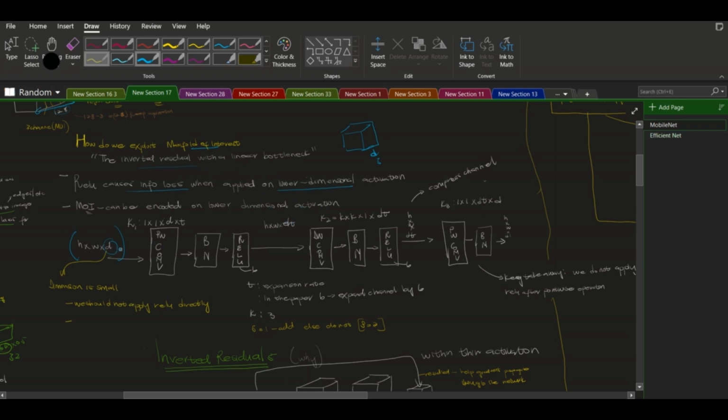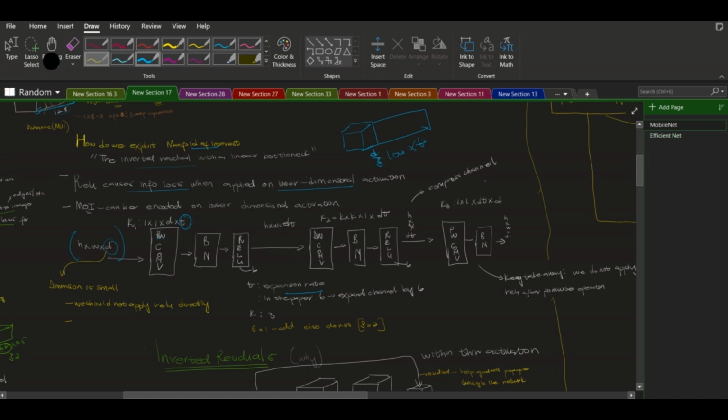How it works is that we have a height, width, and dimension, and we apply a pointwise convolution, 1 by 1 by d by t, where we can think of t as an expansion rate. We try to expand the dimension. Initially our input had 3, a very low dimension, but when we multiply this dimension by t, we expand it so that it can be huge.